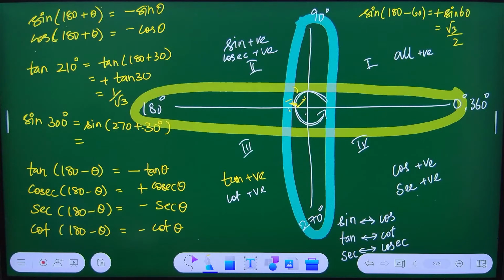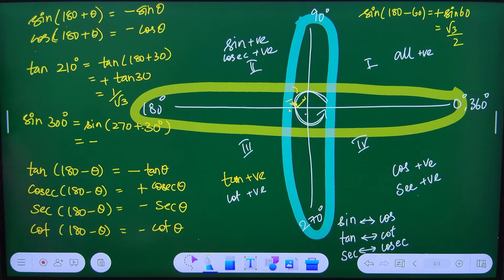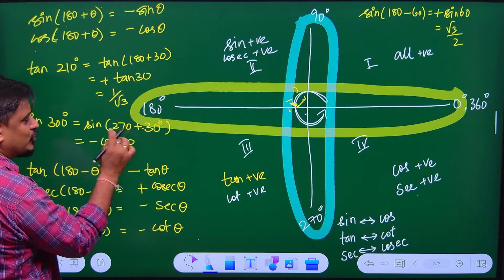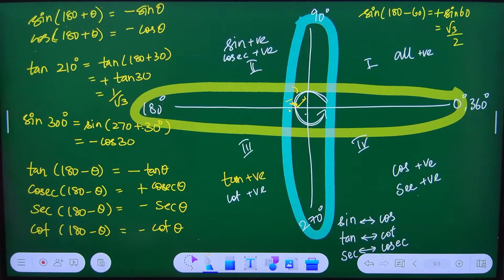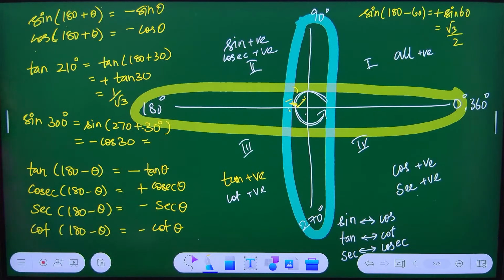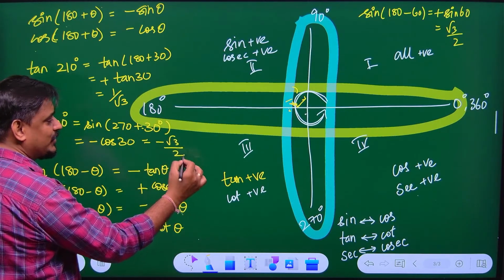In the fourth quadrant, sine is positive or negative? Negative, sir. Very good. And it will become negative cos 30. Very good. Why did you write cos? Because the 270 line will make sine to cos. Be very careful in that. And what is cos 30? Root 3 by 2. So minus root 3 by 2. Very good.